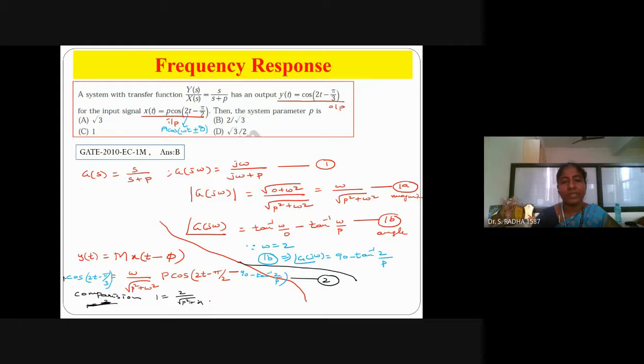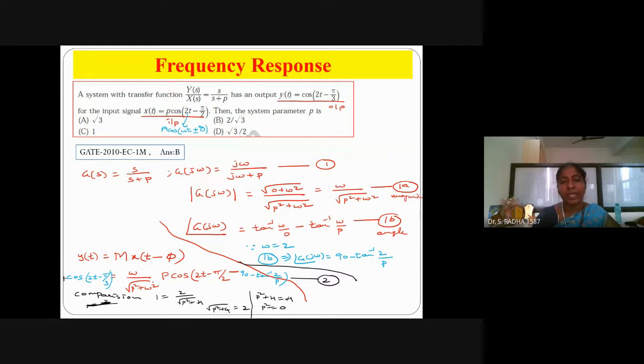Okay. I will take the square root to the left side: square root of p square plus 4 equal to 2. If I just square both sides, it is p square plus 4, it is coming 0. P value is coming 0 and p square value is 0. This is in the case of magnitude I am getting like this.